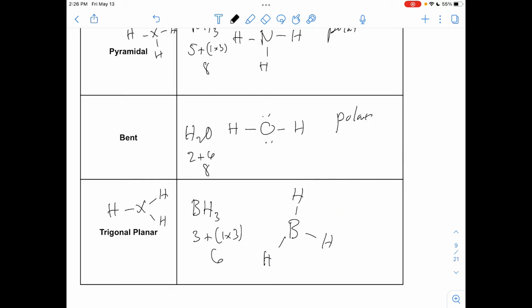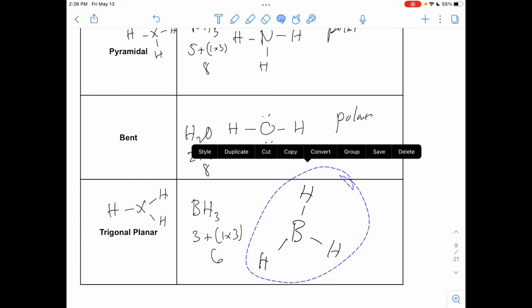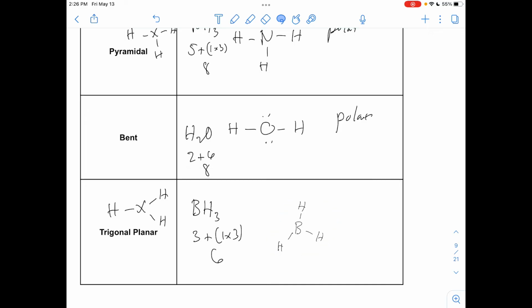The octet rule, oct is 8, so it doesn't have 8 valence electrons around it, which is fine. Boron trihydride, again, to tell polarity, let's see if I can rotate it, and I can, right? If I rotate it, like 60 degrees or something like that, then it's the same thing. So this would be nonpolar.